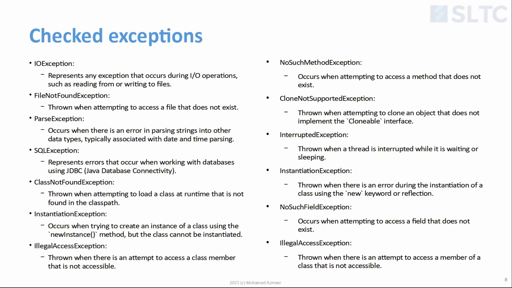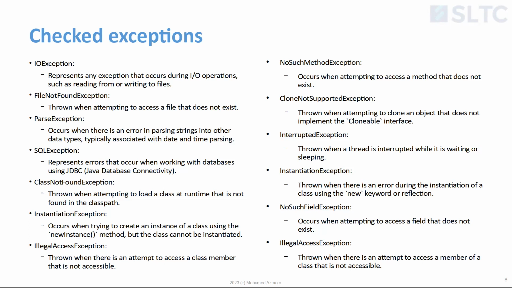FileNotFoundException is thrown when attempting to access a file that does not exist. Then ParseException. Now parse means you're converting something from one type to some other type. And SQLException is where, if you're accessing a database, something is wrong with your SQL statement or database or something like that. And then ClassNotFound.